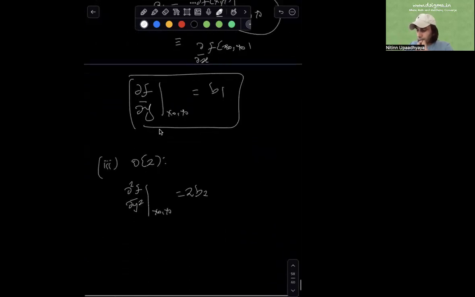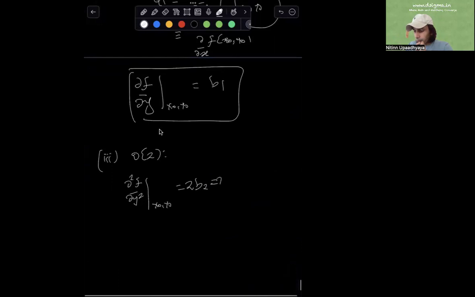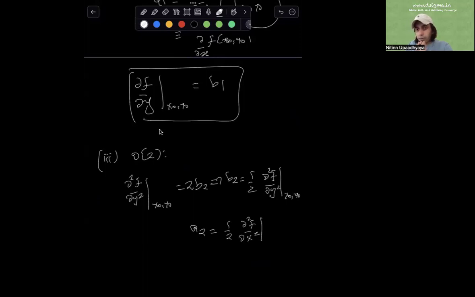So that gives me b2 equals 1 over 2 times the second partial derivative of f with respect to y evaluated at x naught, y naught. In the same way, I can evaluate a2, which would be 1 over 2 times dou 2f dou x square, the partial derivative with respect to x taken twice, evaluated at x naught comma y naught.